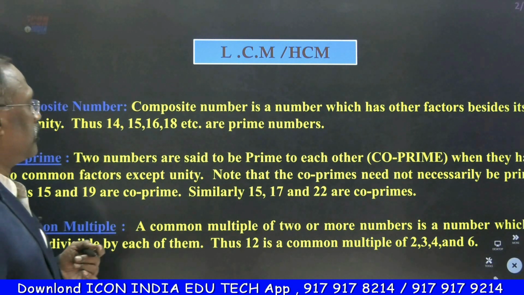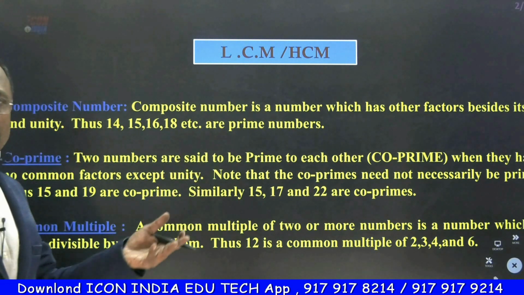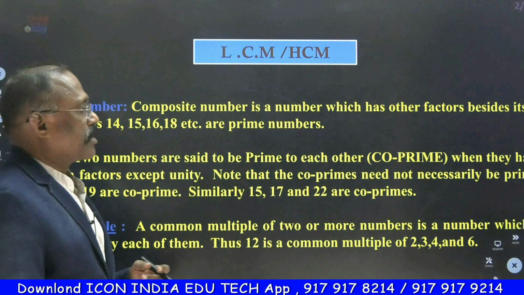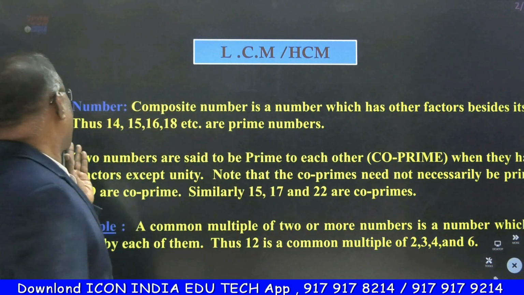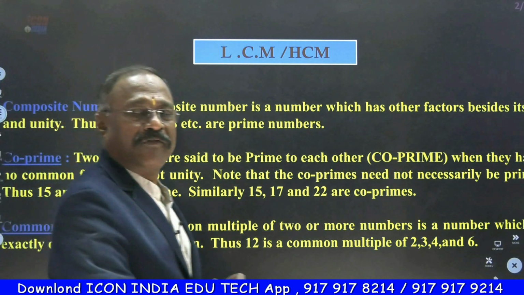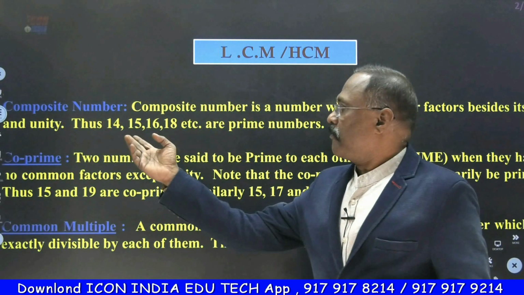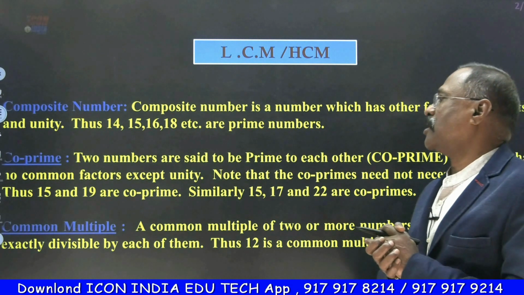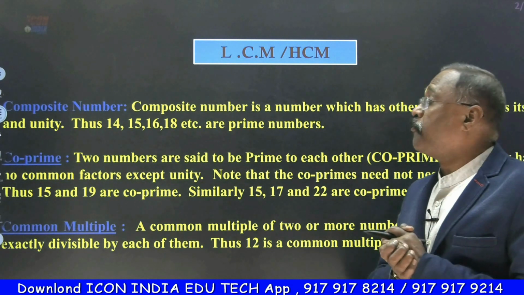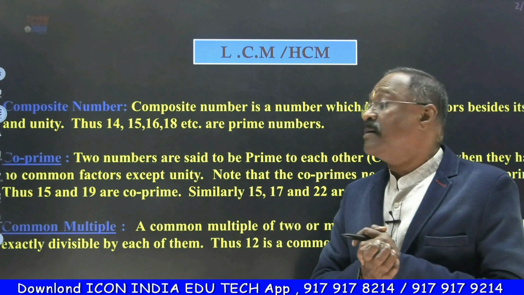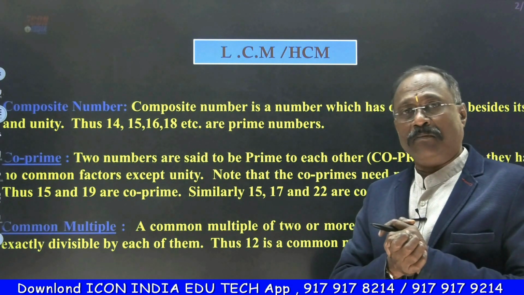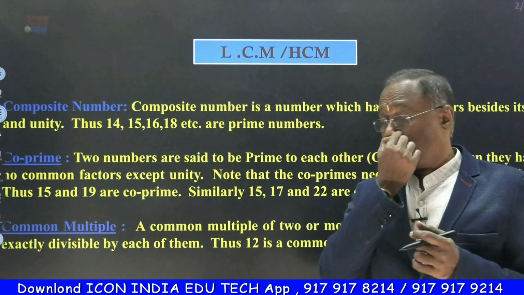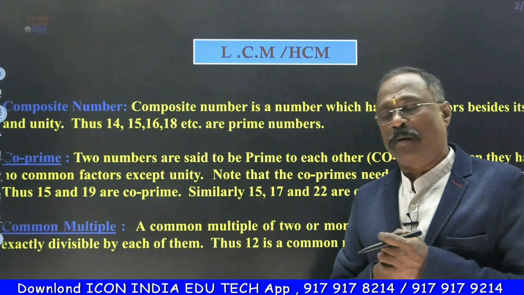Then composite number, I already explained you, is a number which has other factors besides itself and unity. Thus, if you see 14, 15, 16, 18, etc. are composite numbers, and 14 can be written as 7 into 2. 2 is a prime number and 7 is a prime number, and obviously 1 is neither prime nor composite.